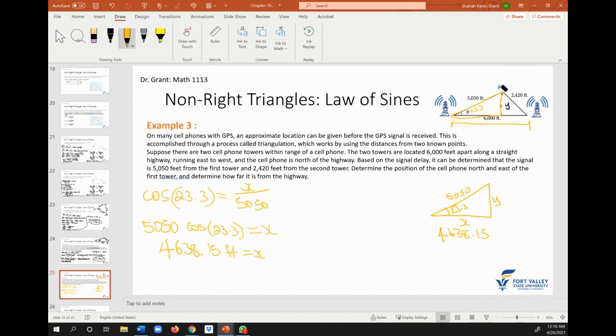Now I need to figure out what y is, but if I do sine, I can figure out what y is. So sine of 23.3 will be opposite, which is y, over hypotenuse. Okay, we can also plug this in our calculator and cross multiply.